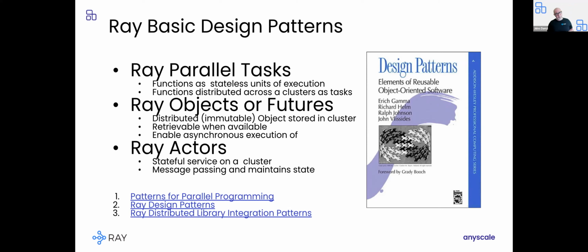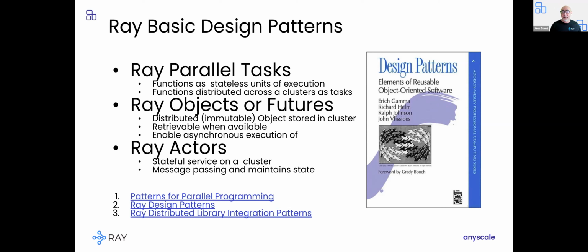Then there's the notion of what we call Ray objects, and Ray objects are like futures. Those of you who are Java, Scala, or Python programmers know the notion of futures, whereby you create a particular future, and at some point in time, asynchronously, you can query that future to get the actual computed value. If not, you either block on it or inquire about its state in some way.